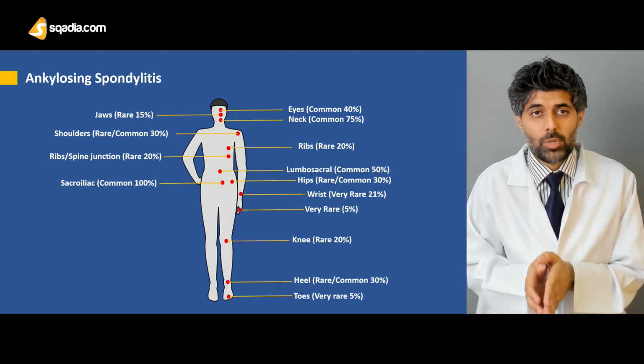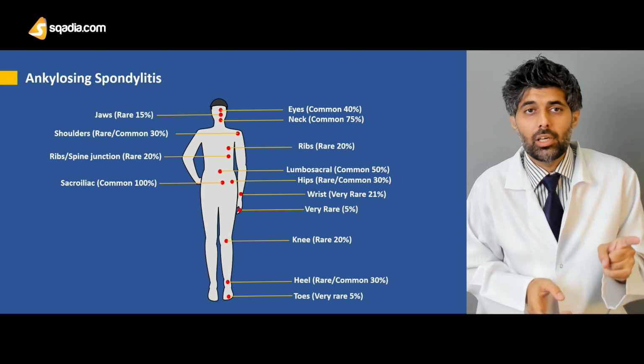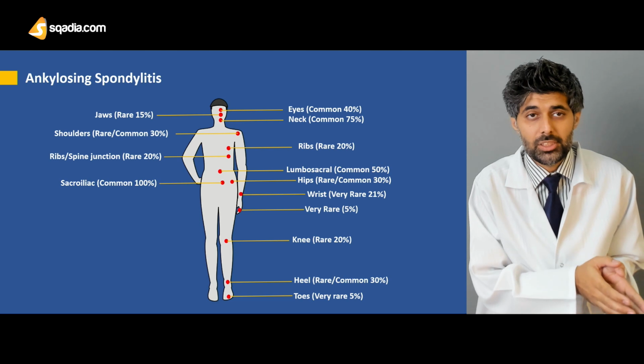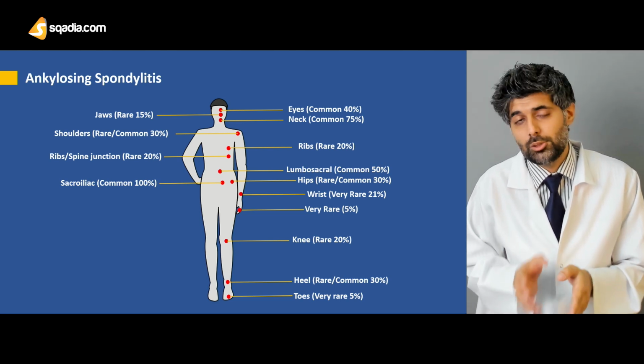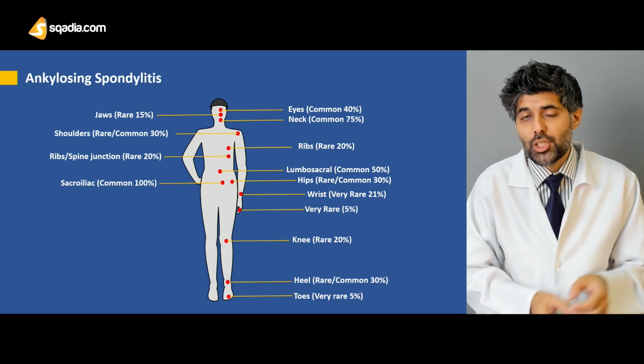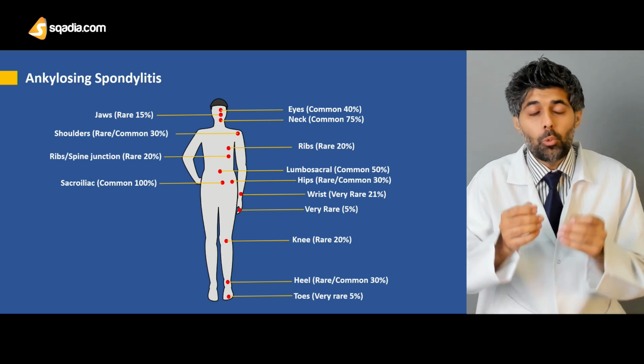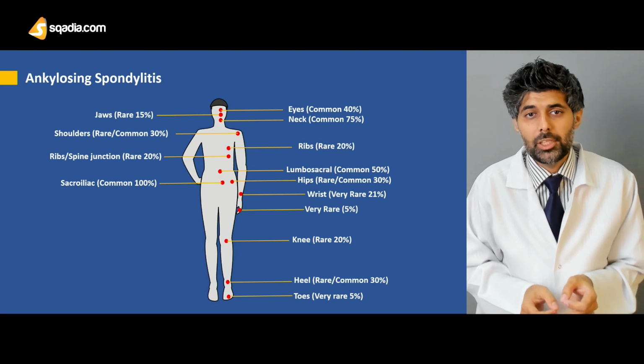So any inflammation of the sacroiliac area, called sacroiliitis, is the hallmark of ankylosing spondylitis. Every patient with this disorder will present with sacroiliitis.